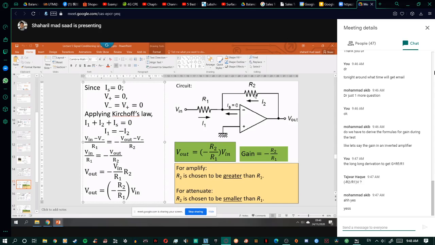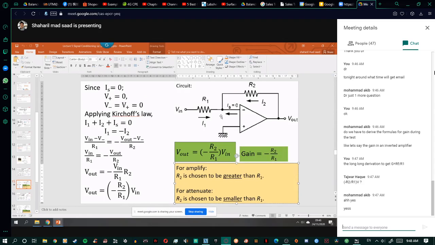When you see this one plus going to negative, with the feedback resistor R2 here and R1 here, and the input here, you know that this is the inverting circuit. So the gain is minus R2 over R1, and Vout equals minus R2 over R1 times Vin.